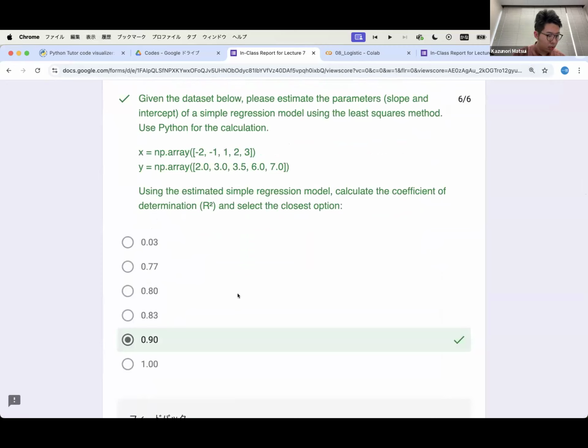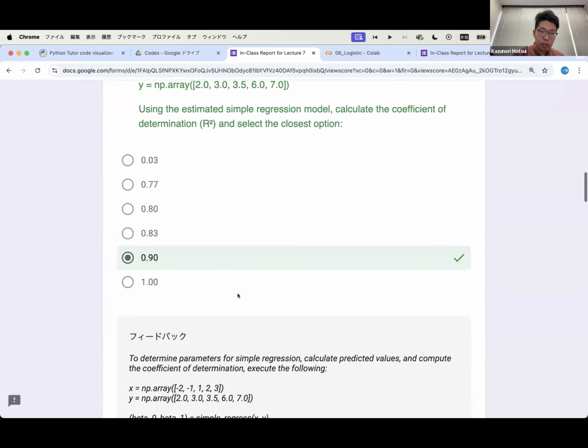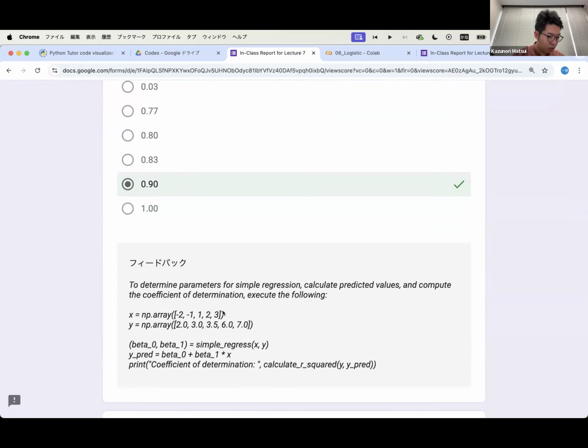If you execute the code below, that is, determine parameters with single regression, calculate predicted values, and find the coefficient of determination, you get a value of about 0.9.